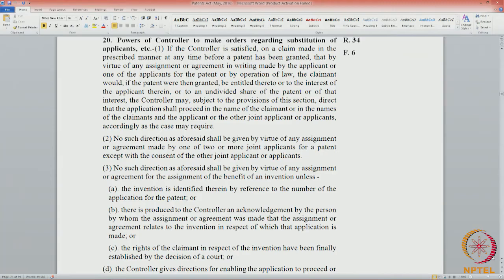So, if the parties come with an agreement without the application number mentioned in it, the controller will not act on it. There can be a question: what are the requirements of the document that has to be filed along with form 6? You can give multiple choices.